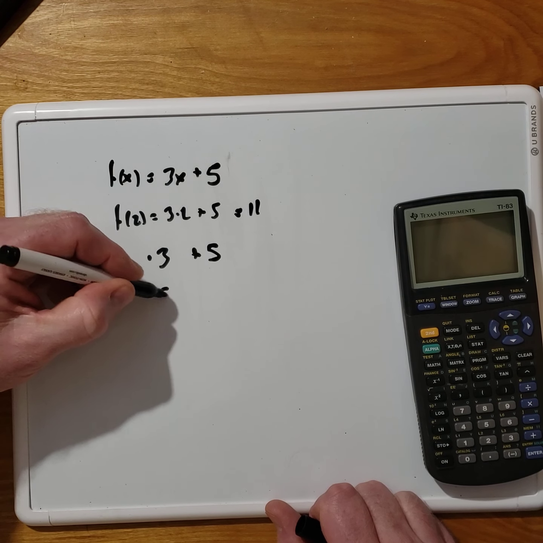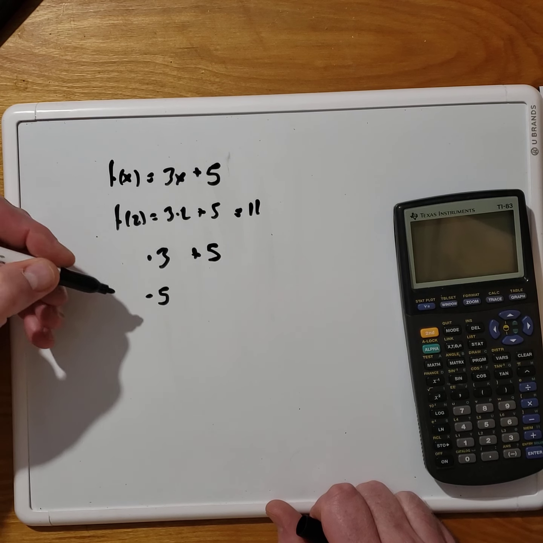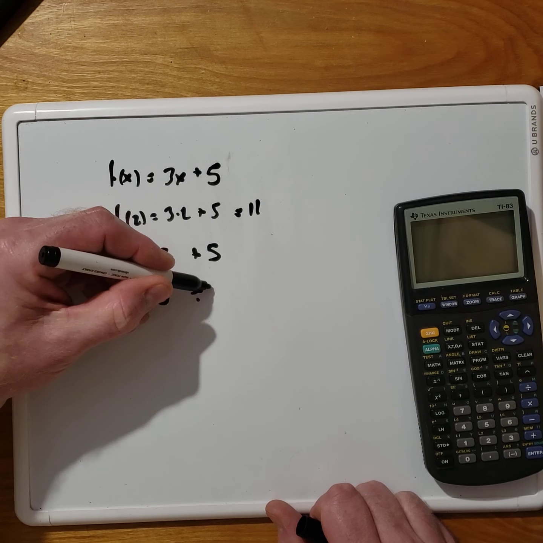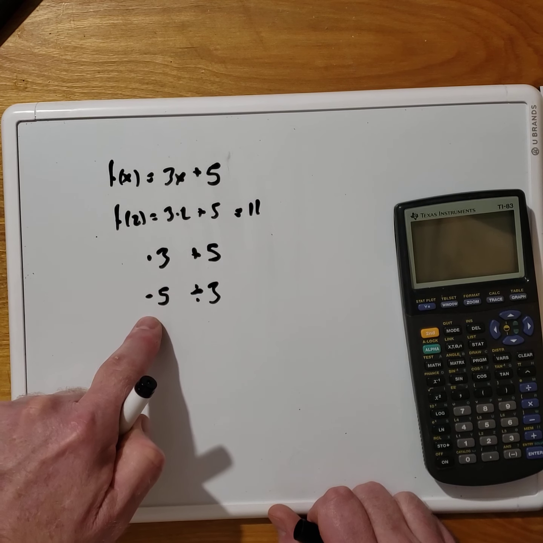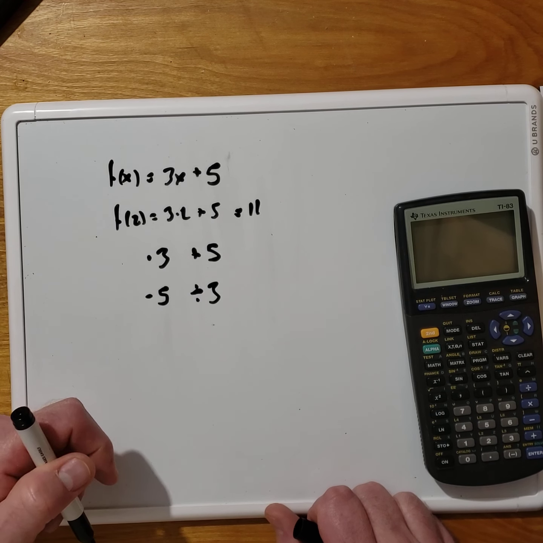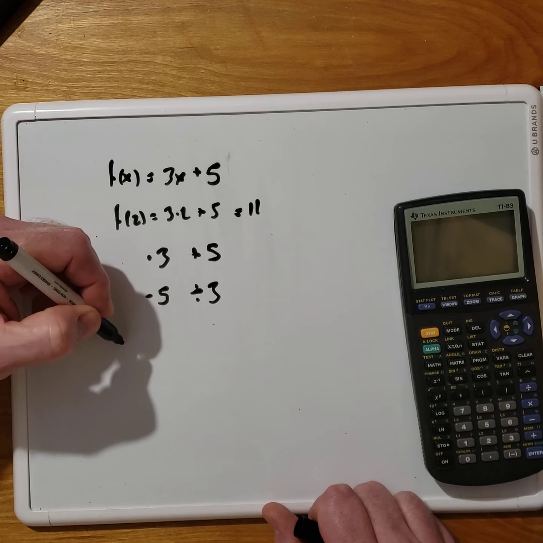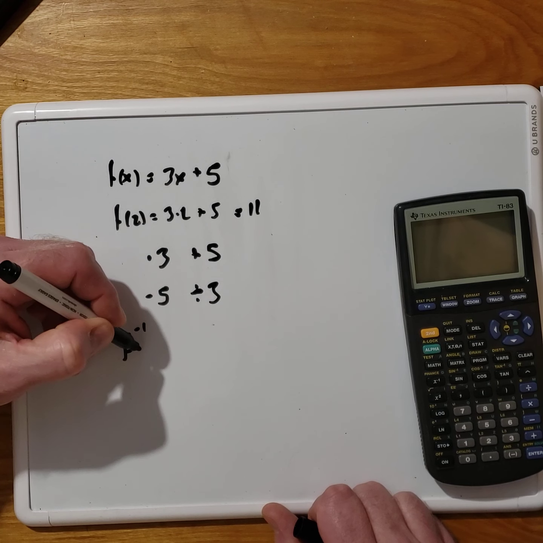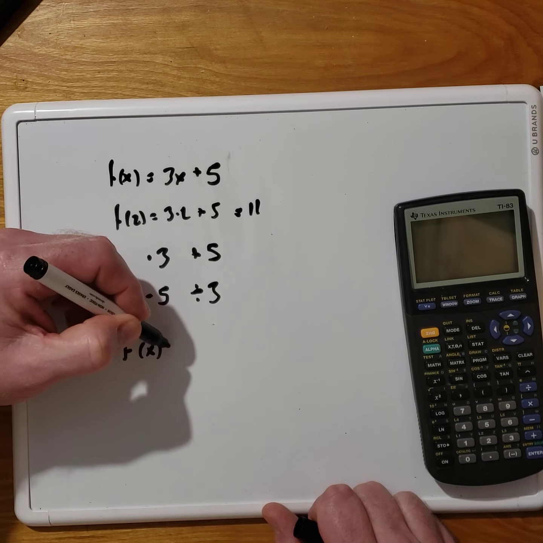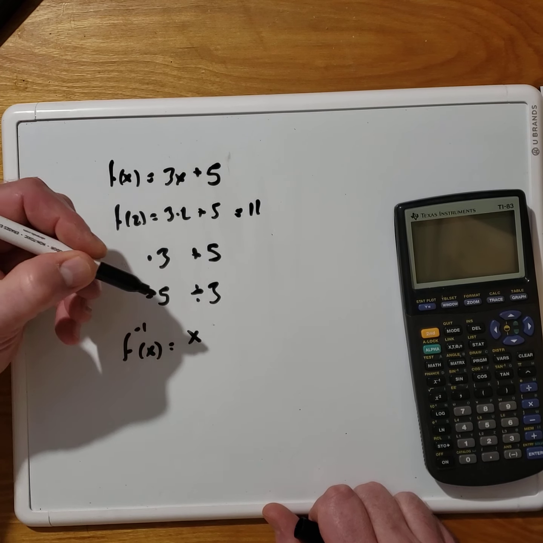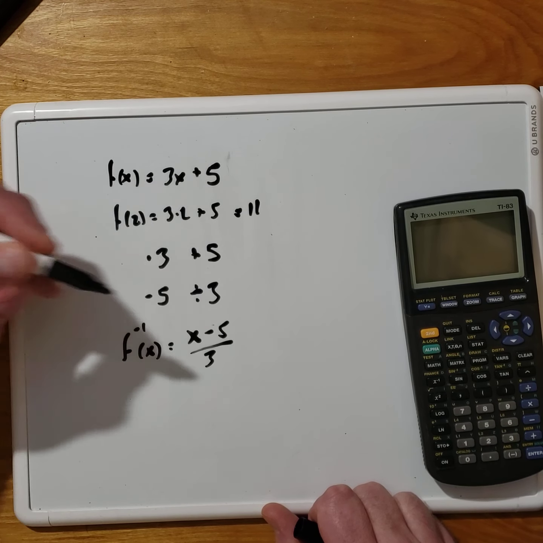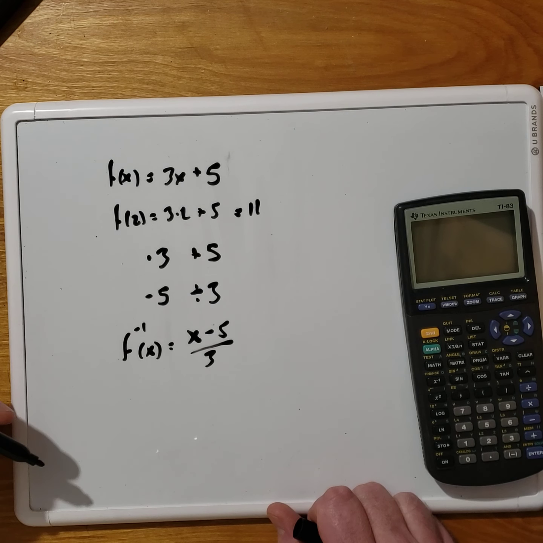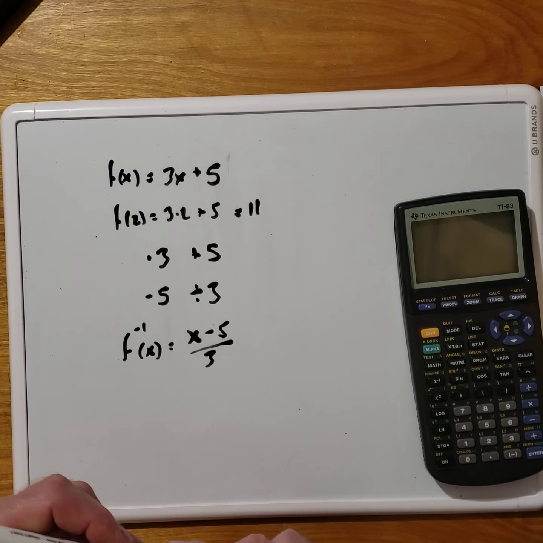So we'd subtract the 5 from 11. That would give us our 6. And then we divide by 3 to get our 2 back. Okay, so we're doing the opposite operations in the opposite order. So our inverse function here would be start with our input number, subtract 5, and then divide by 3. Divide the whole result by 3, not just the x.